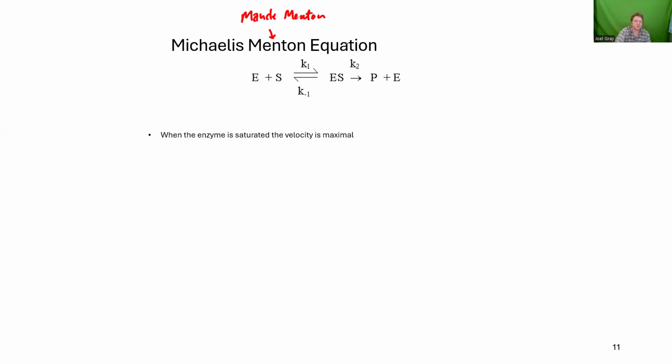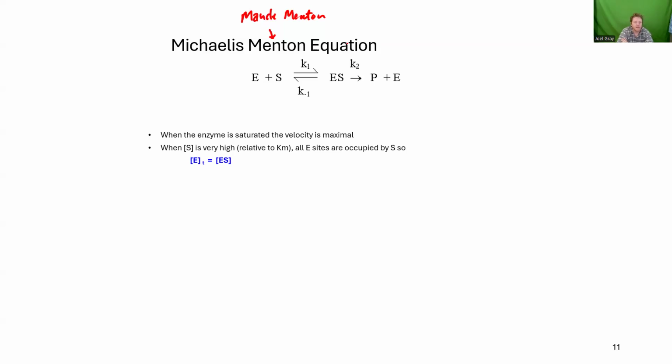They developed this equation, and they based it on experiments with different enzymes. And they said when the enzyme is saturated, the velocity is going to be at its max, shortened as your Vmax. When the substrate concentration is very high relative to your Km, all of the sites that the enzyme can bind to are going to be occupied.